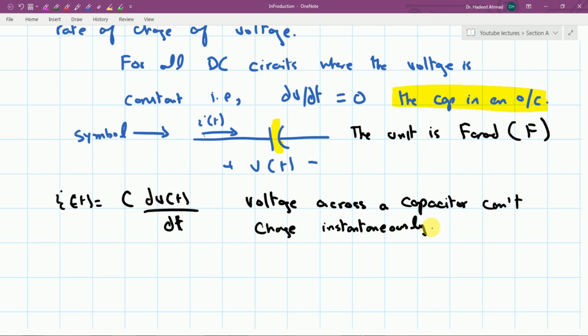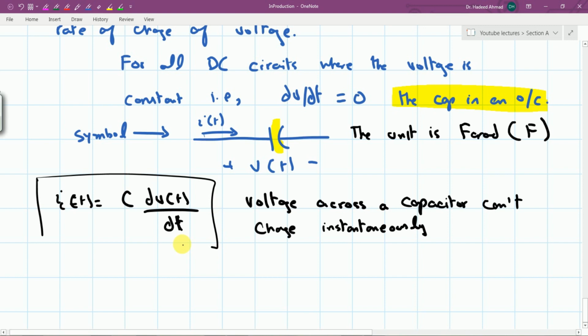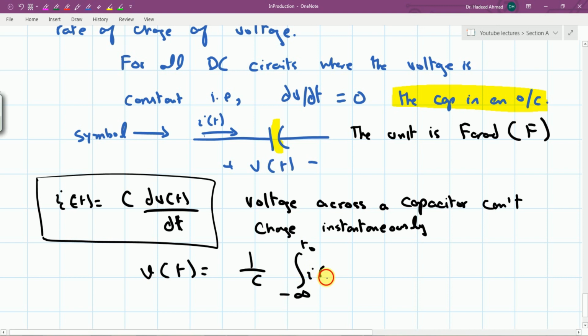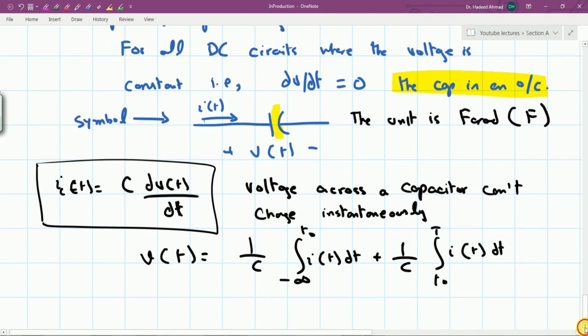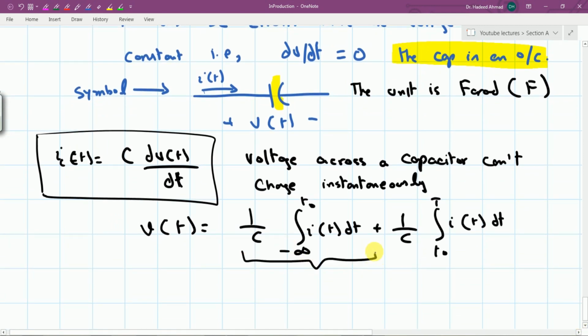If we integrate this equation, then we get v(t) is equal to 1 over C integral from minus infinity to t naught of I(t) dt plus 1 over C integral from t naught to t of I(t) dt, where the first portion is known as the initial condition of a given circuit.